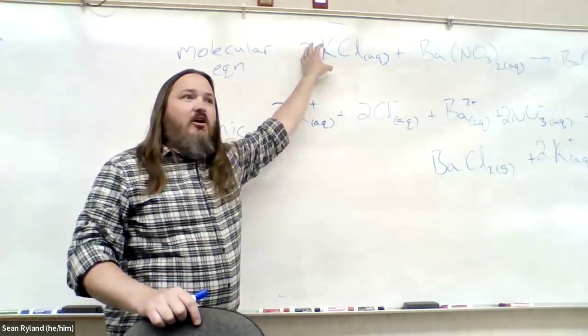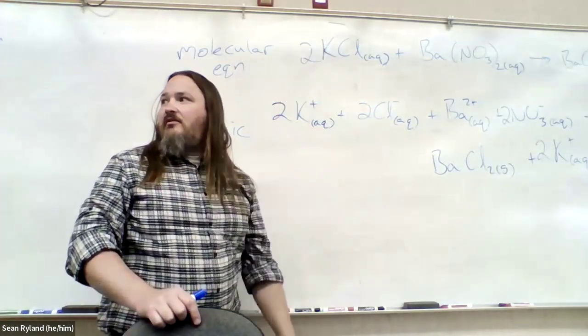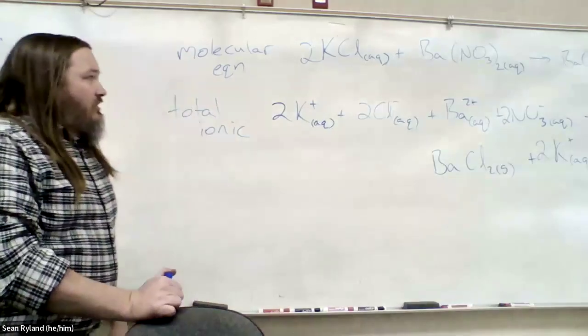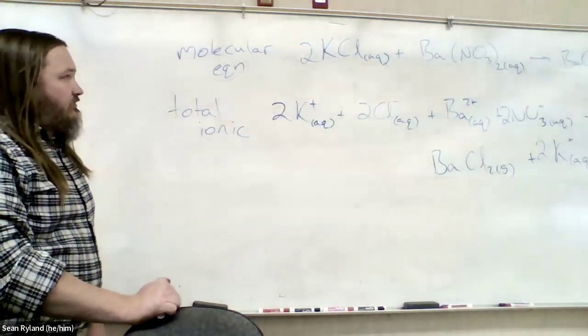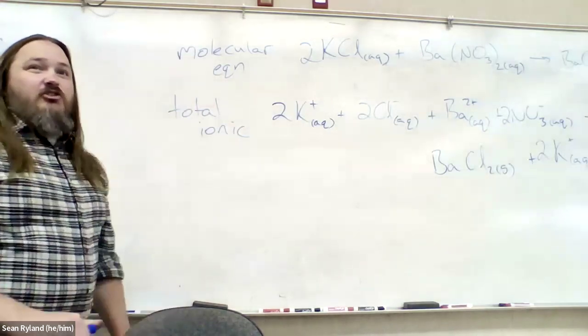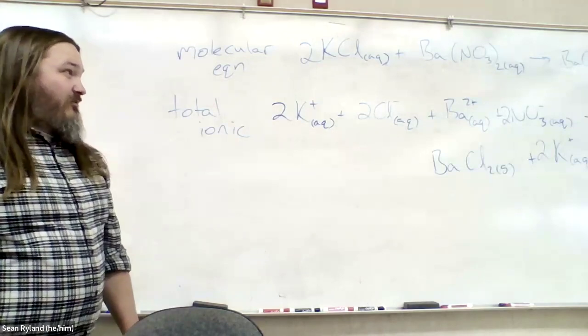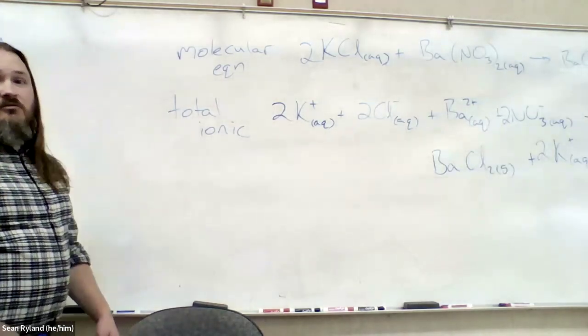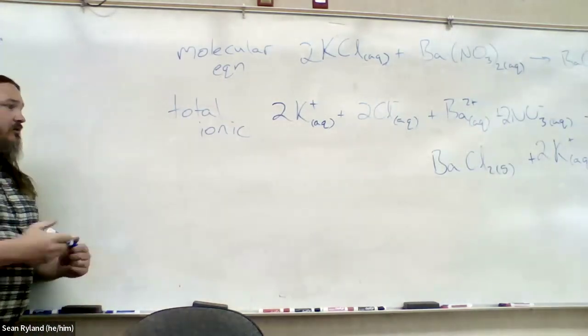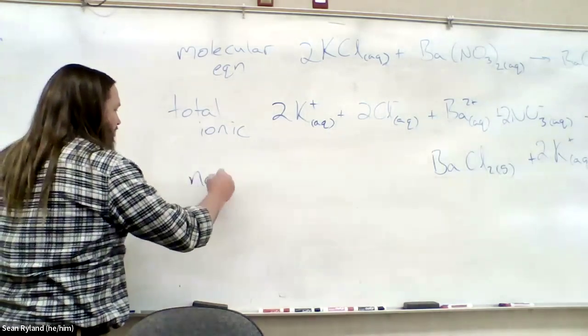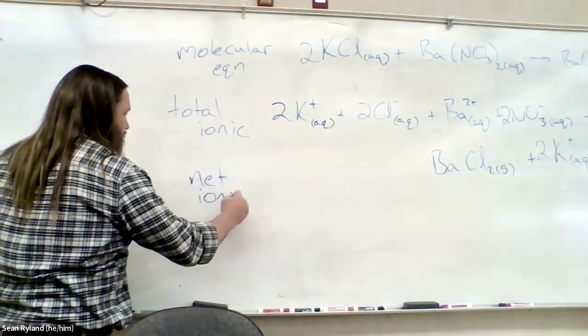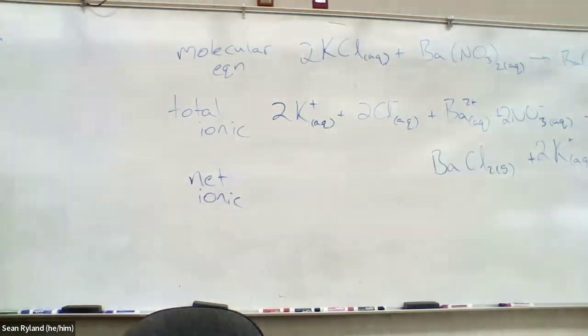Take everything, pull it apart unless it forms a solid. It seems like a lot of extra writing though, right? There's another form of the ionic equation called the net ionic. The net ionic form of a reaction would look like, well, what? Like a net?